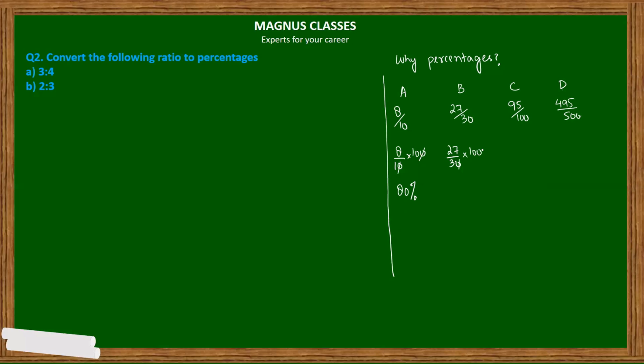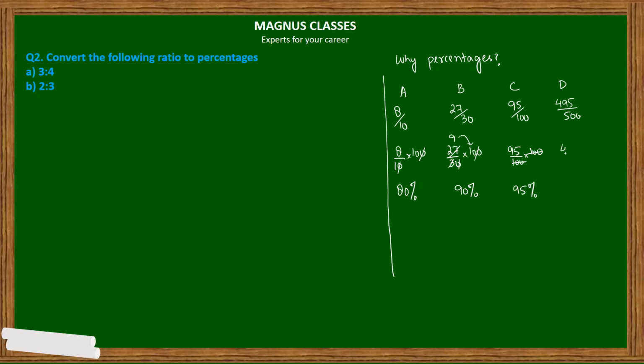This gets cancelled out. So 3, 9, 27. Now 9 into 10 is 90%. So this guy has got 90%. Now this one, 95 divided by 100 into 100. This gets cancelled out, so it is 95%.